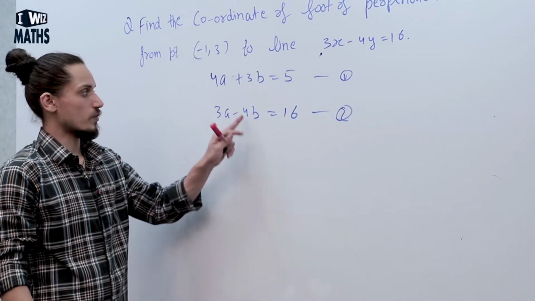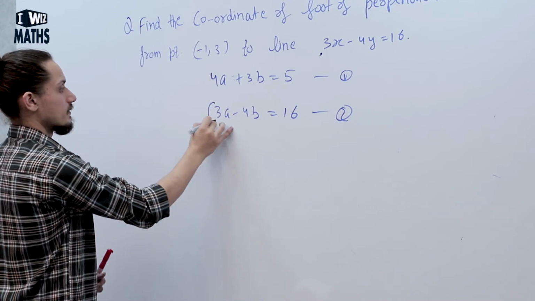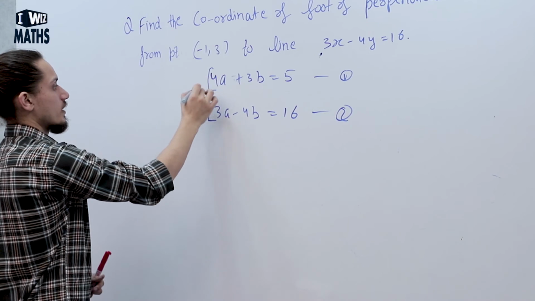Now we have these two equations in the form of a and b. Let's solve them. First, multiply this equation by 4 and this equation by 3.